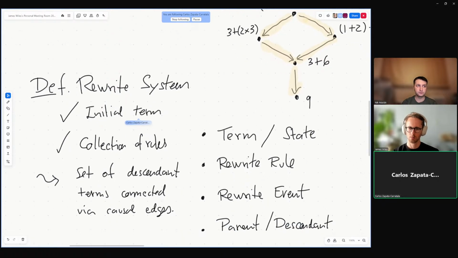So sometimes there's a little bit of ambiguity in whether you mean just the initial term and the collection of rules, period, or you actually mean the set of descendant terms connected via all the causal relations, meaning all the actual rule applications.